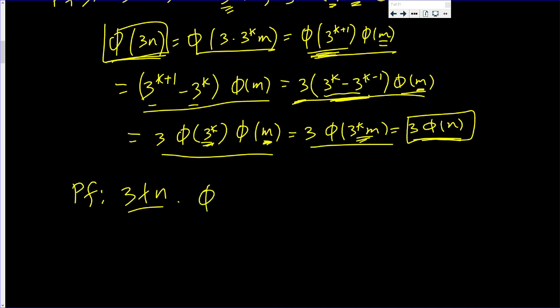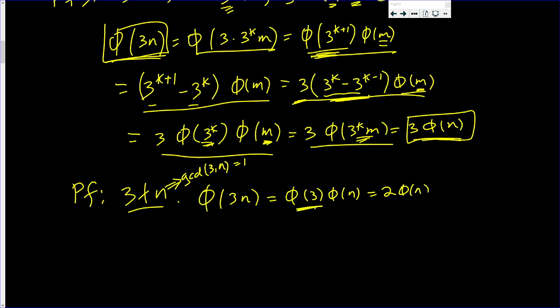So, phi of 3n. This implies that the GCD of 3 and n is 1. So phi of 3n is phi of 3 times phi of n. And if you want this to be 2 times phi of n, that's going to be 2.